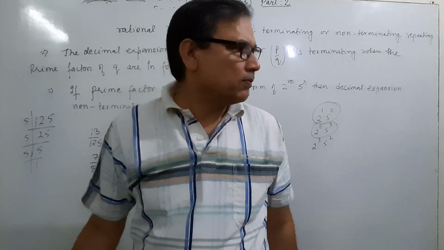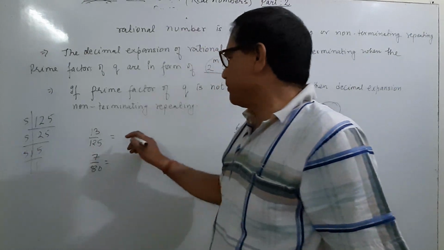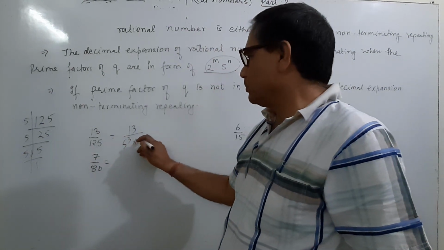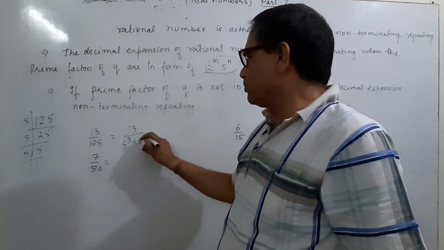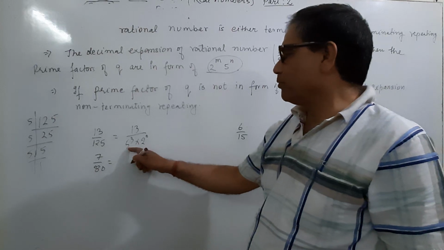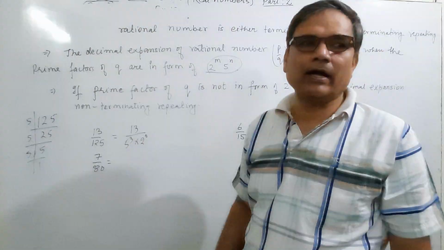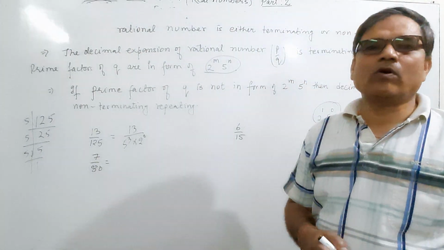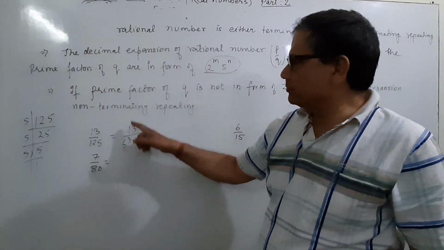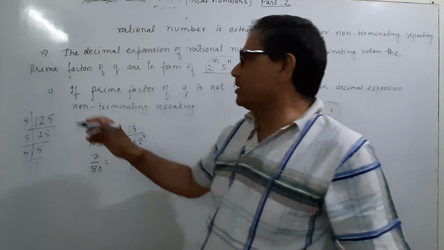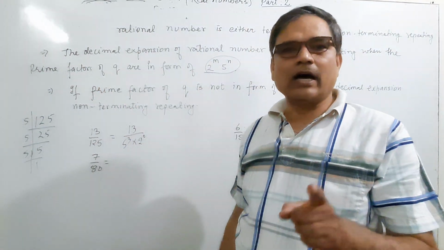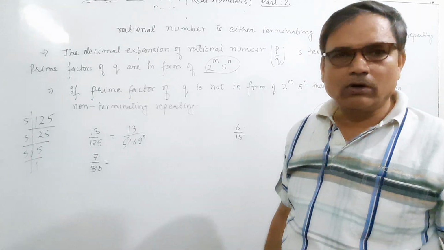It means 5 multiplied three times, so 13 upon 5 power 3 into 2 power 0, as there is no 2. That is in the form of 2 power m or 5 power n. It is a terminating decimal because it contains either 5 or 2 or both.